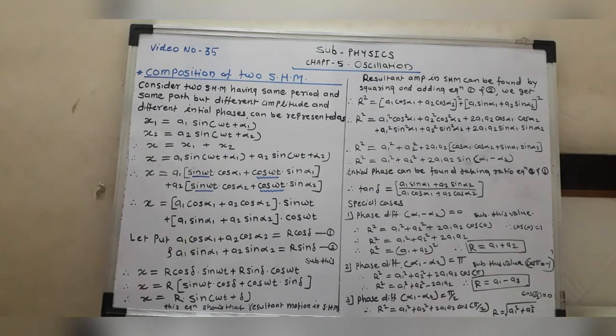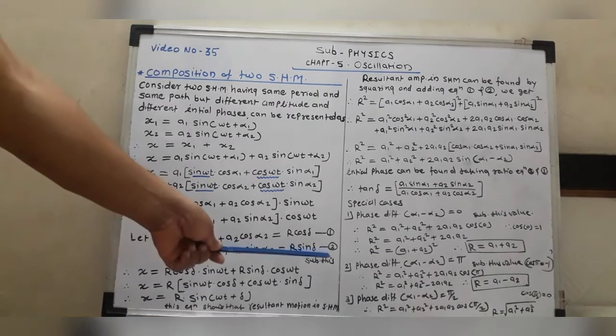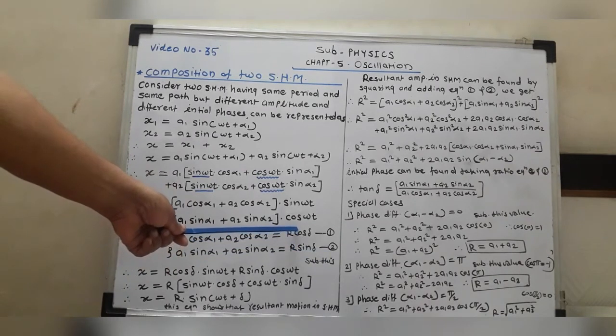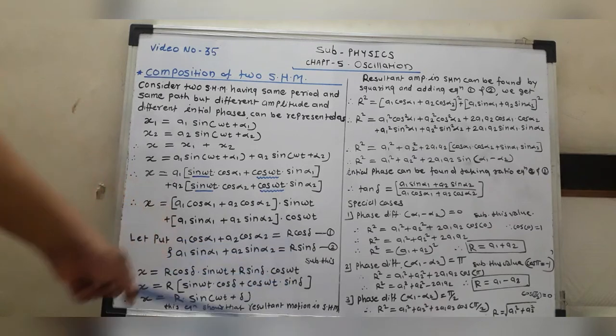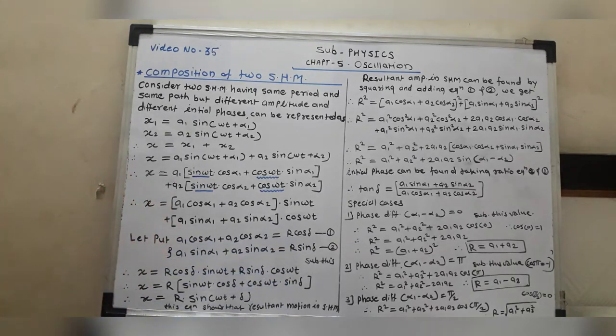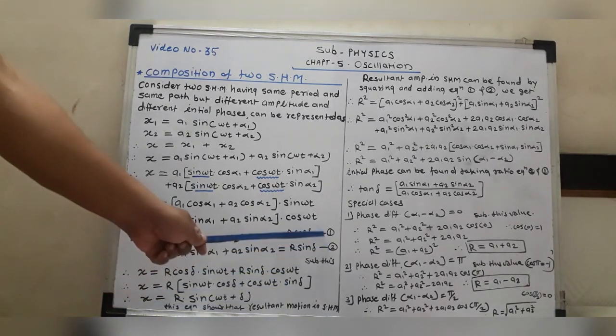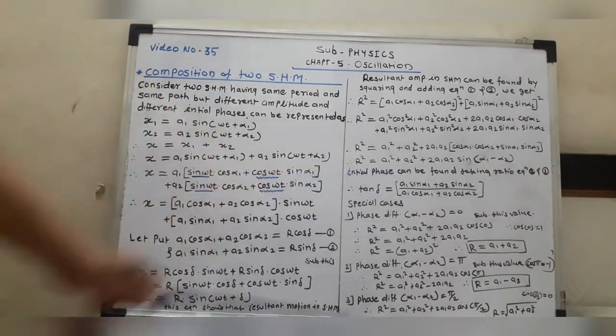Okay, now we can also find the initial phase by taking the ratio of equations 2 and 1, because the first is cos and the second one is sine. We have to take sine upon cos, and for that purpose we take the ratio of equations 2 and 1 to find the initial phase.